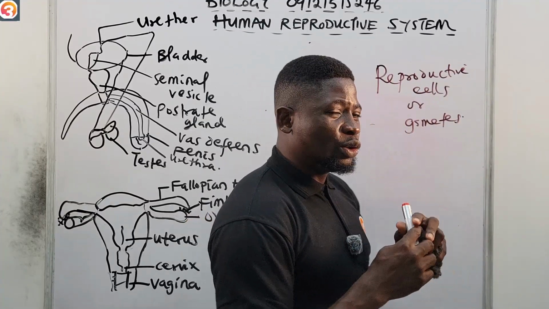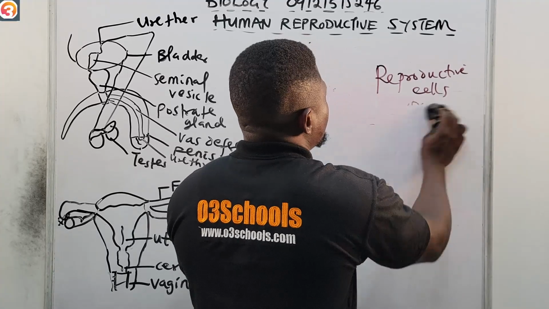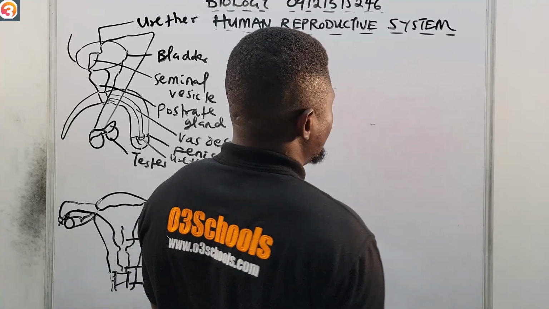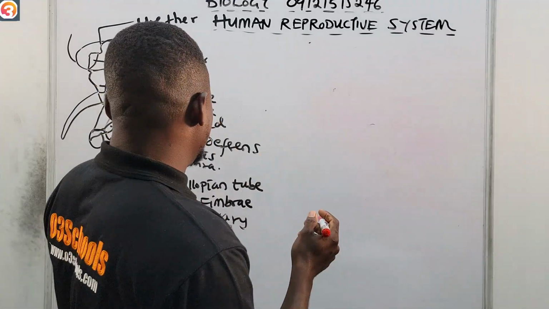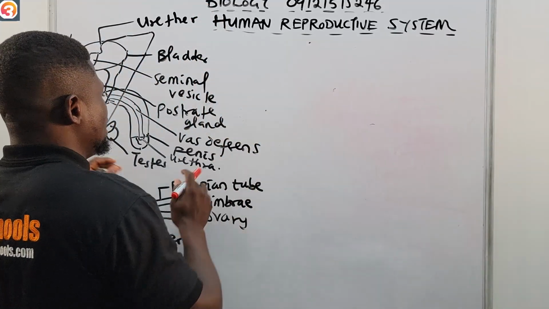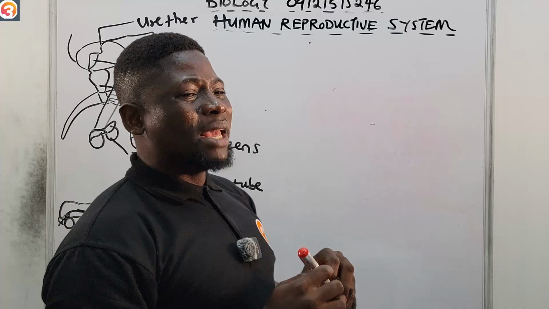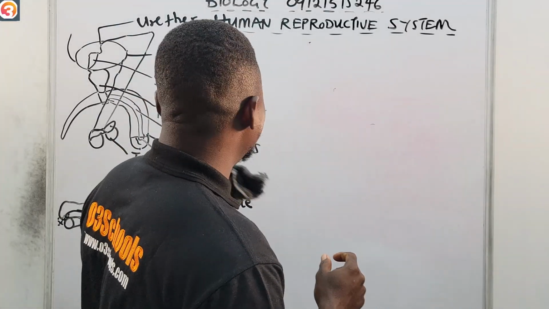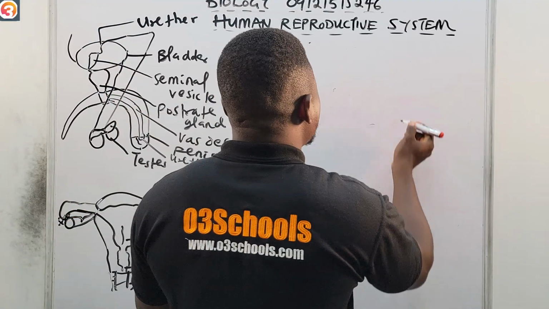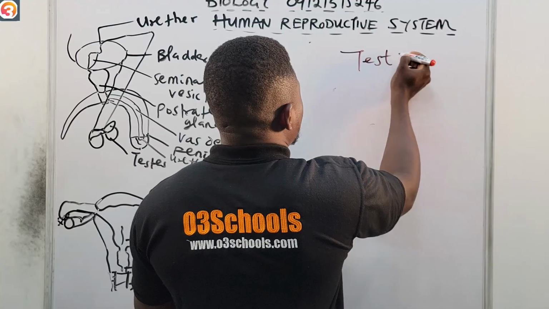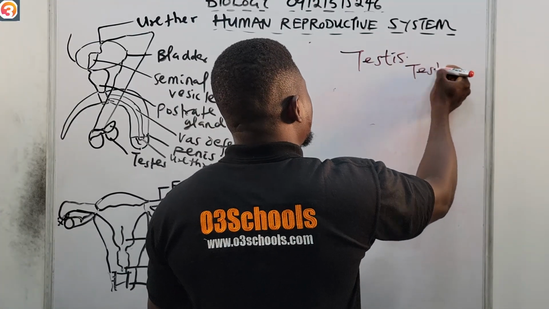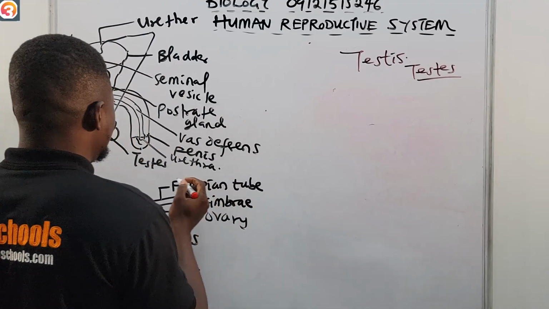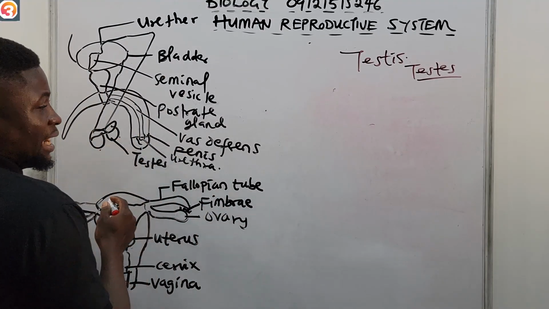So now let us begin with the male reproductive system. This is the male reproductive system, and the main reproductive organ in the male reproductive system is the testis. This is singular, while the plural is testes. As you can see here, there are a pair of them.